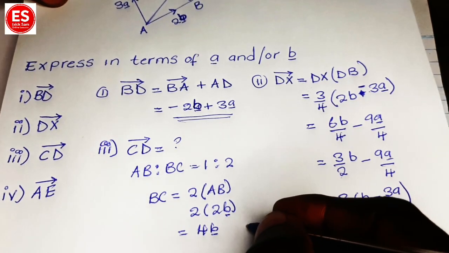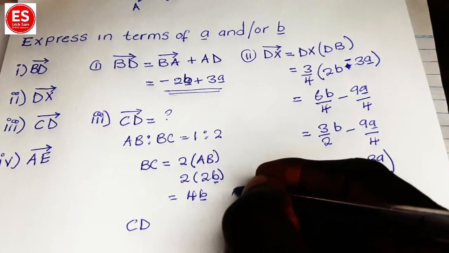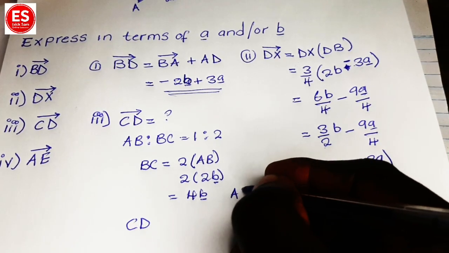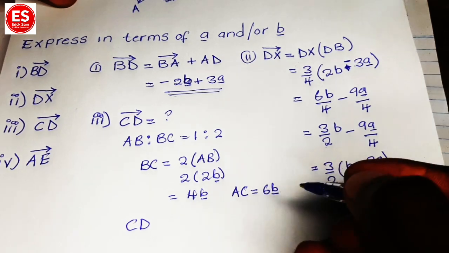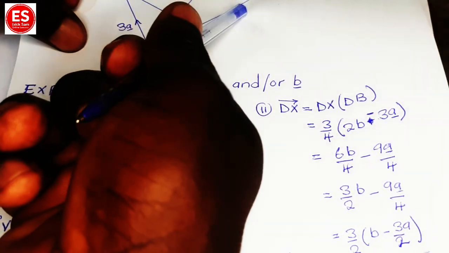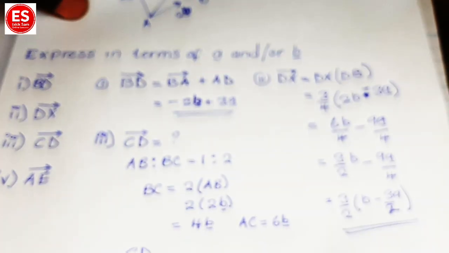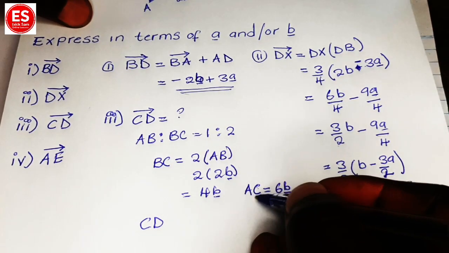So it means that A to C is going to be equal to 6B, because you're adding this one plus the one that is here.